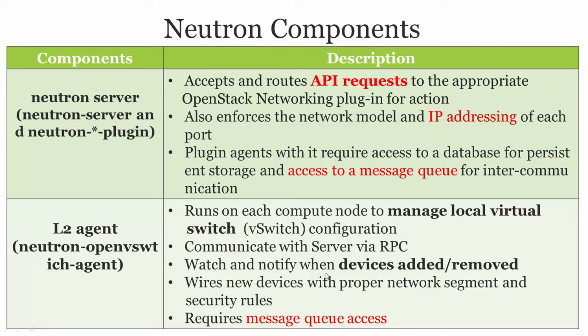Whenever the L2 agent receives this kind of request from the virtual machines, the L2 agent will watch and notify. Also, the L2 agent wires new devices with the proper network segment and the security rules. About the network segment and the security rules, I will explain in the next part. The L2 agent also requires message queue access, such as a RabbitMQ server.